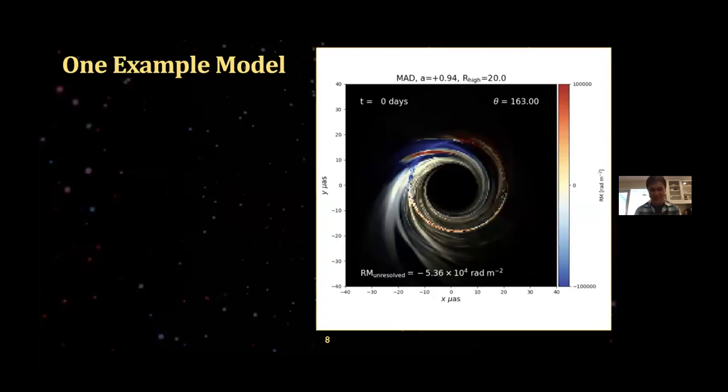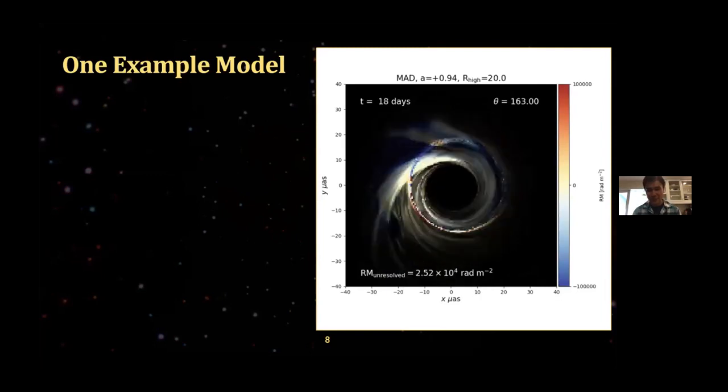And so we're already not looking at this point source, and the RM is different in each of the pixels. If you weren't able to resolve this image, as is the case for, say, that SMA measurement that I showed before, the unresolved rotation measure that you get for this particular snapshot is written on the bottom left, a negative value and a few times 10 to the 4. This is actually a movie.